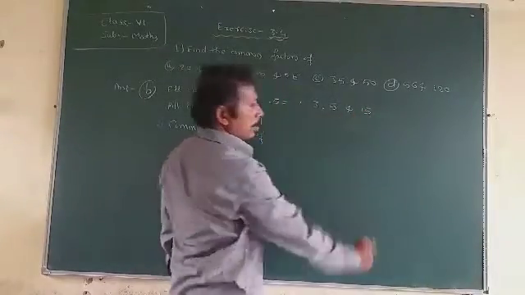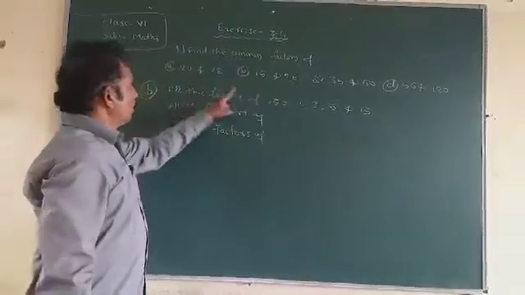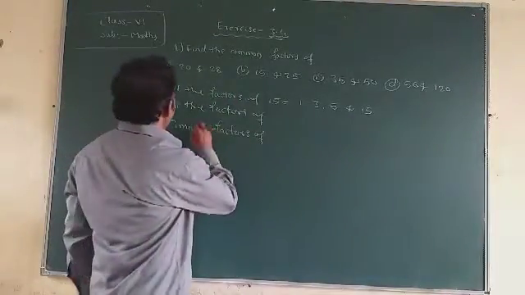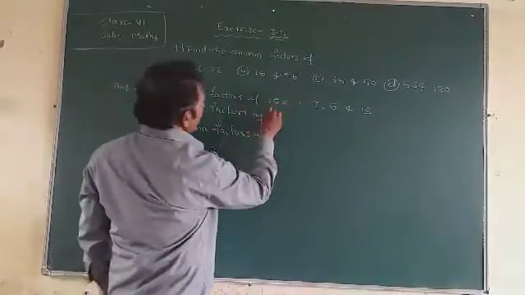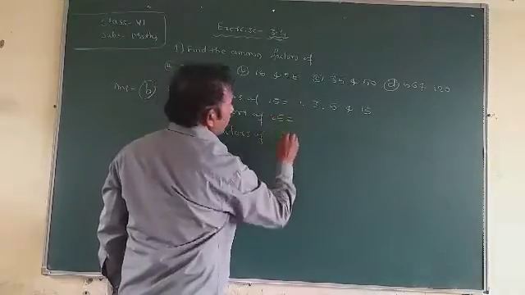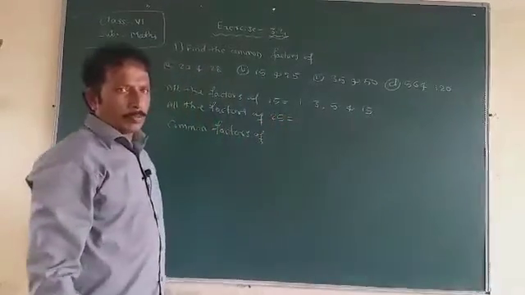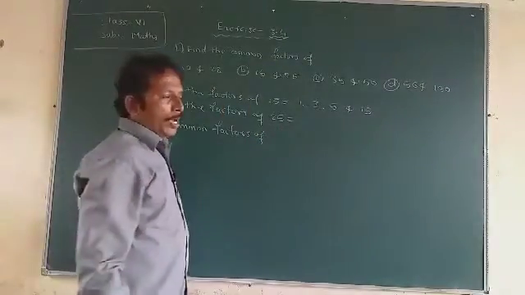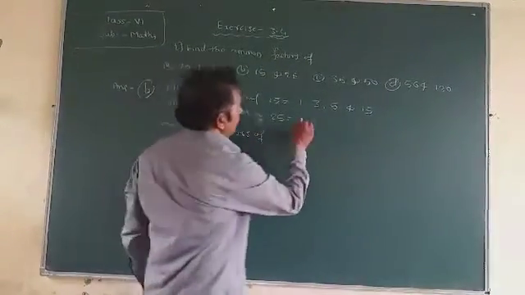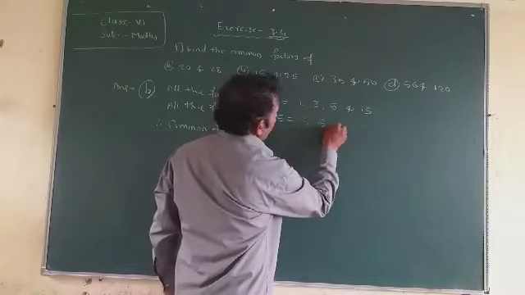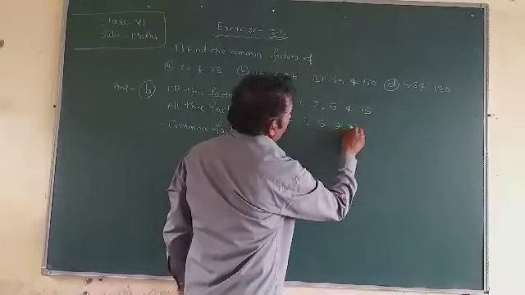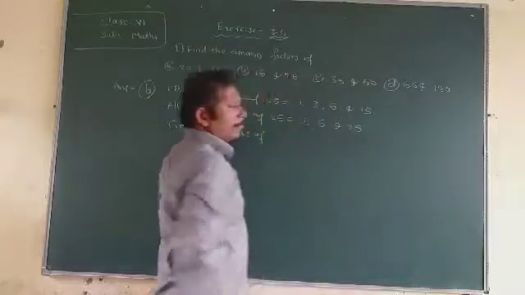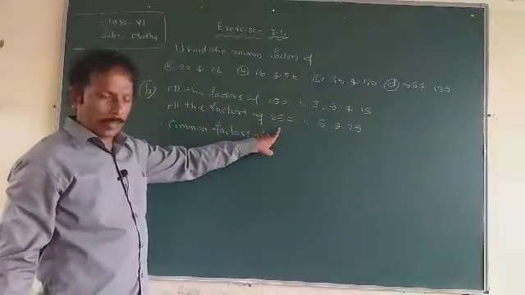So, all these are the factors of 15. And similarly, all the factors of 25 is equals to, we can divide 25 completely by 1, 5 and 25. These are the factors of 25.